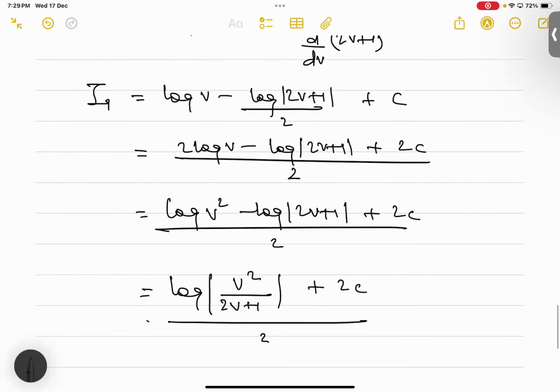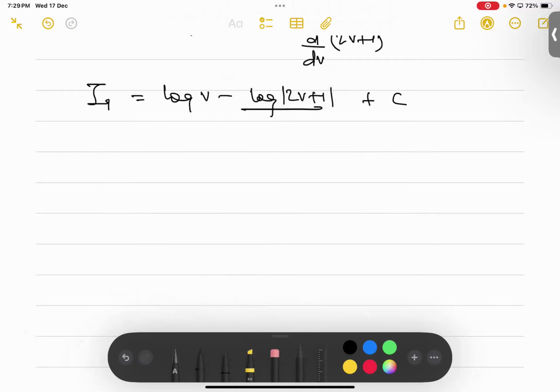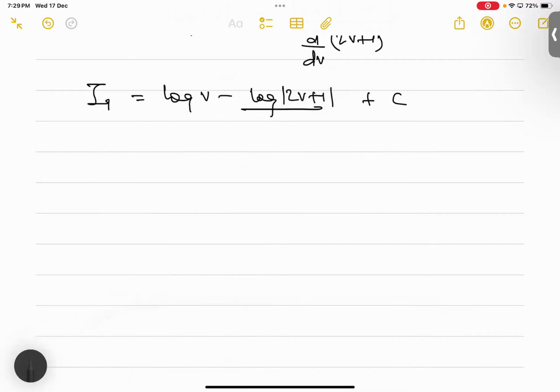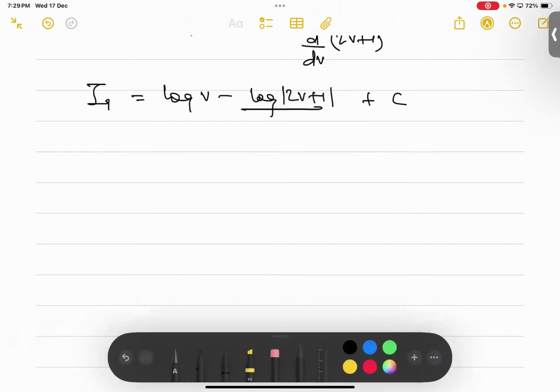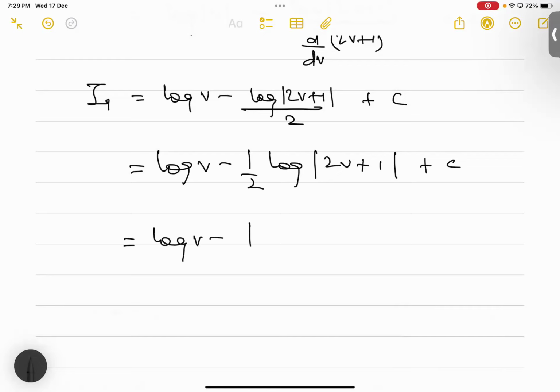Okay, I think just wait. This will become a little lengthy. Just cancel out the steps. Sorry for that. So I'll go back. That was right indeed, but then something else: log V minus half log 2V plus 1. Half will go on the top.